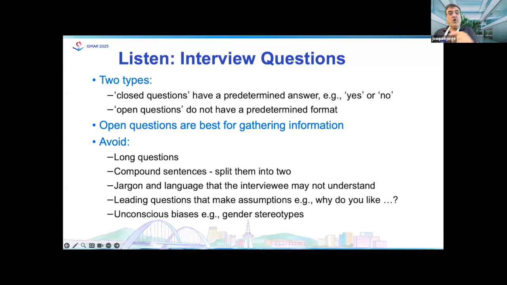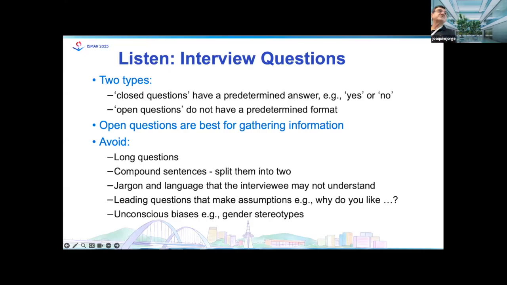Or open questions, the type of question where you say, well, list the one thing that annoys you most when interacting with your worst type of video conferencing system, or rank the video conferencing systems that you have used. Open questions are great, but then again, they need more work.